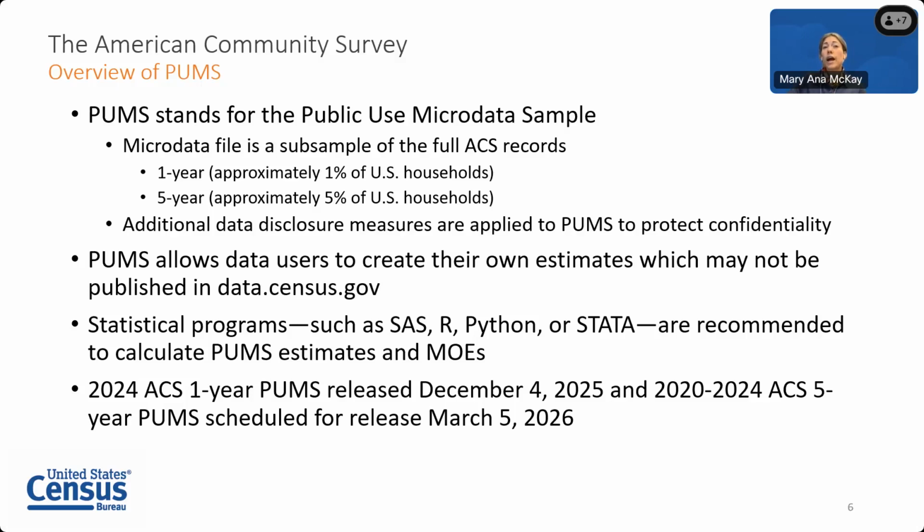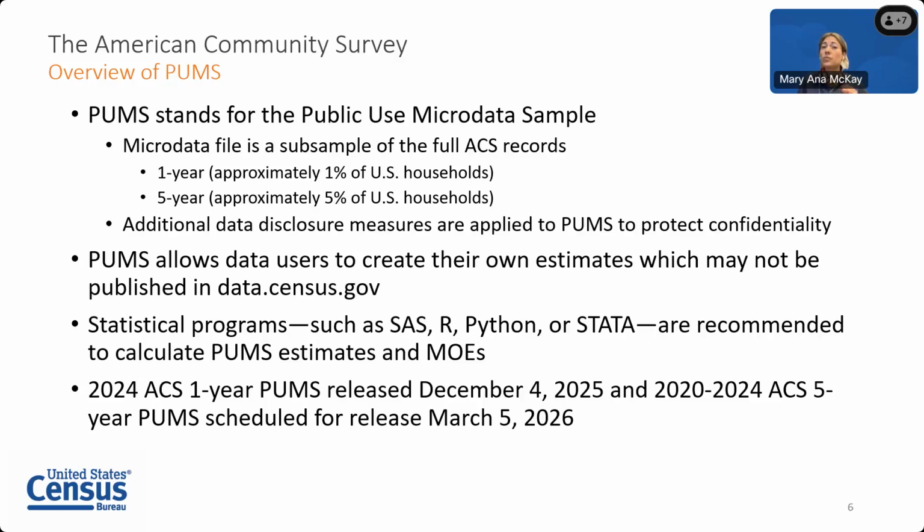Additional restrictions are added to protect data confidentiality, such as including broader categories of data or grouping together extreme values. PUMS files allow data users to calculate their own estimates and margins of error that may not be available in pre-tabulated products on data.census.gov.